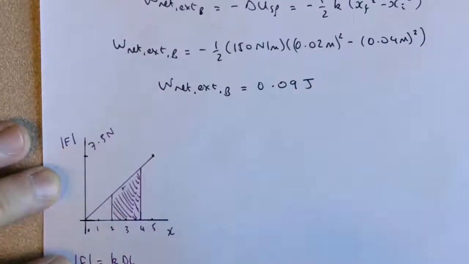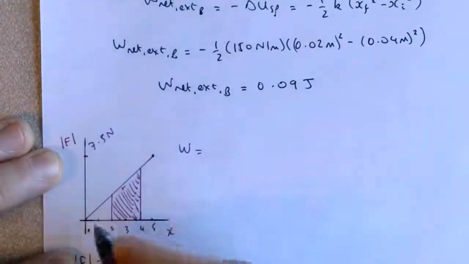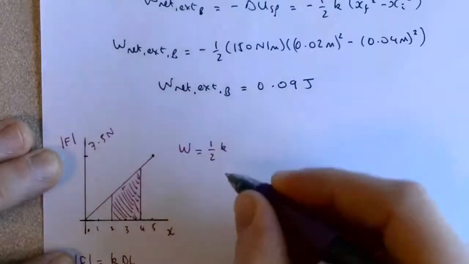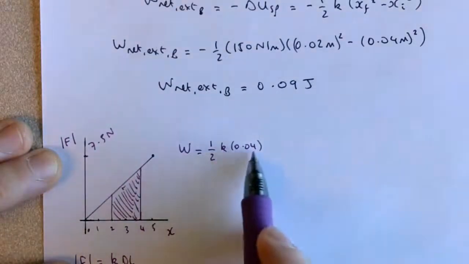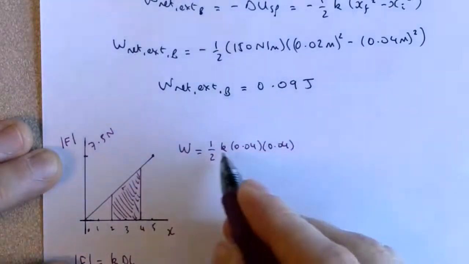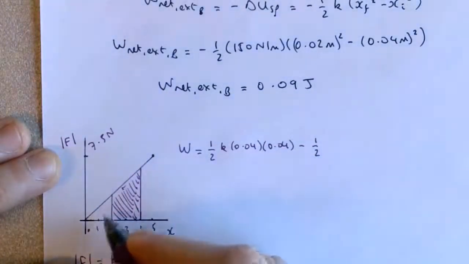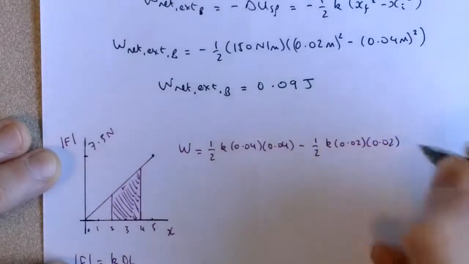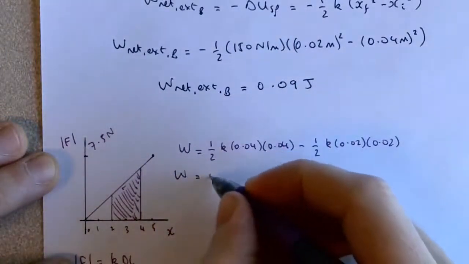So if I want to think about this work done, the work is equal to the area of the very large triangle, so 1/2 K times 0.04, so that would be half times the height times the base, which would be 0.04, so that's where you would end up with your 0.04 squared, minus, subtract the small triangle, so again the K times 0.02 times 0.02, that's technically what you have up here. So you would end up with, of course, the same answer.